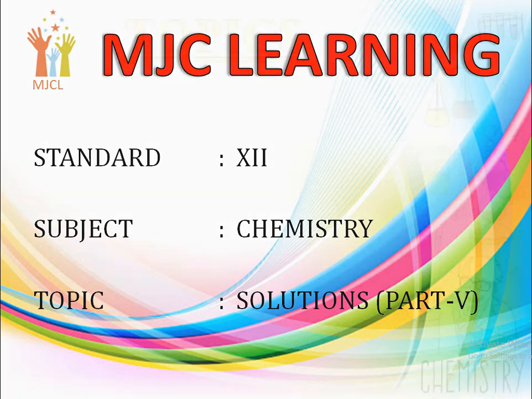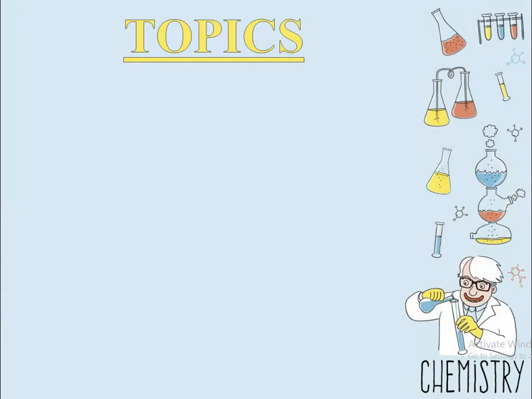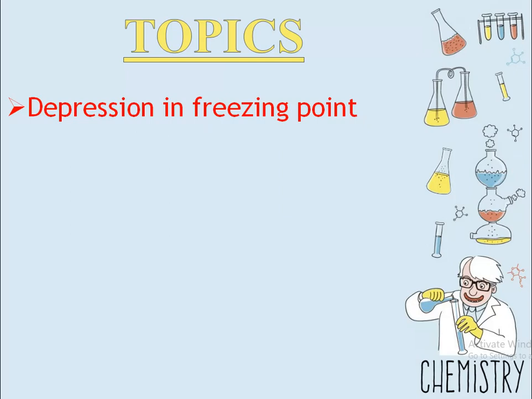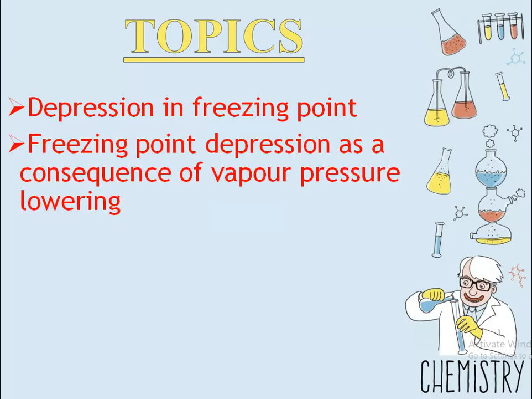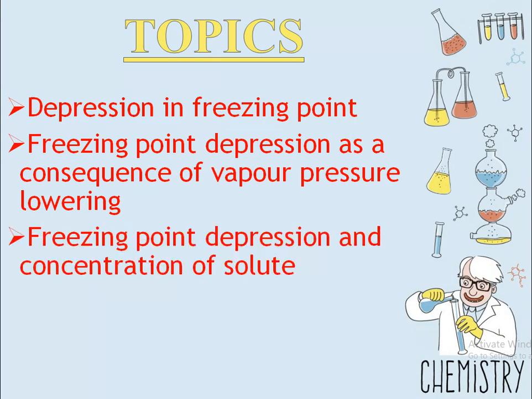So let's begin. In this video, we are going to cover the following topics. First, depression in freezing point, in which we will discuss what is freezing point and what is depression in freezing point. Second is freezing point depression as a consequence of vapor pressure lowering, which means what is the relation between freezing point depression and vapor pressure lowering.